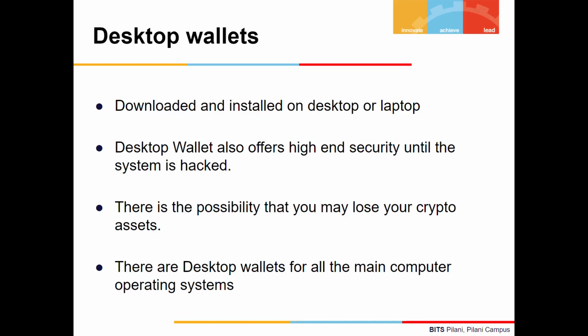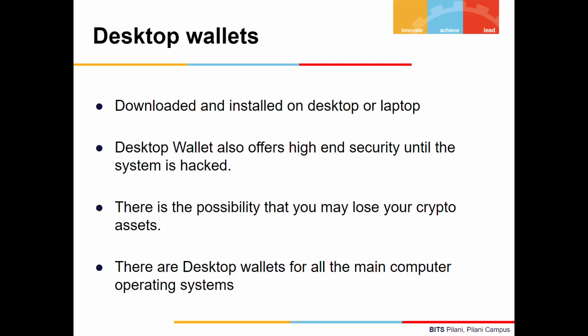Some desktop wallets also include additional functionality such as node software or exchange integration. However, desktop wallets are considered relatively insecure due to the danger that the computer could be compromised. There is a possibility that you may lose your crypto assets.